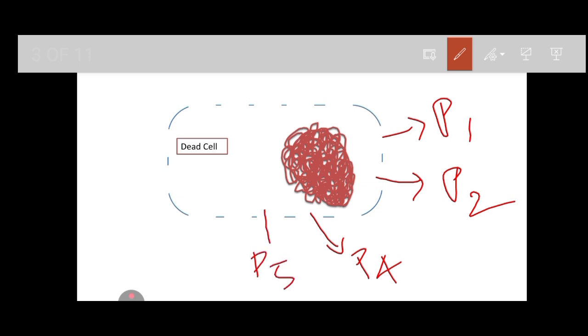Multiple pores will be formed when the environment is not suitable for the bacteria, the cell starts to lose its viability, the cell starts to die, right? And this is indicated by the formation of multiple pores on the cell wall.